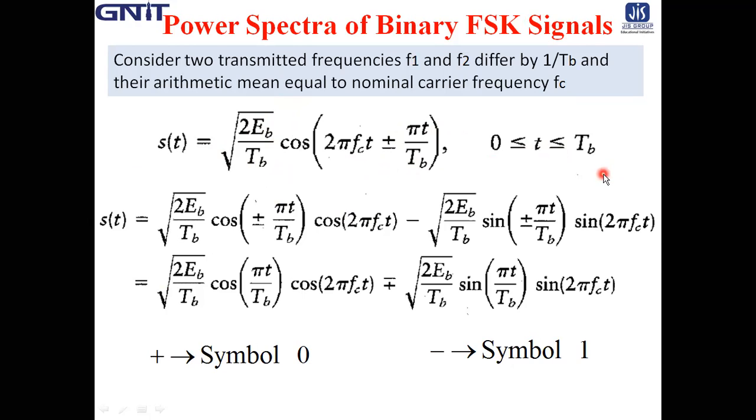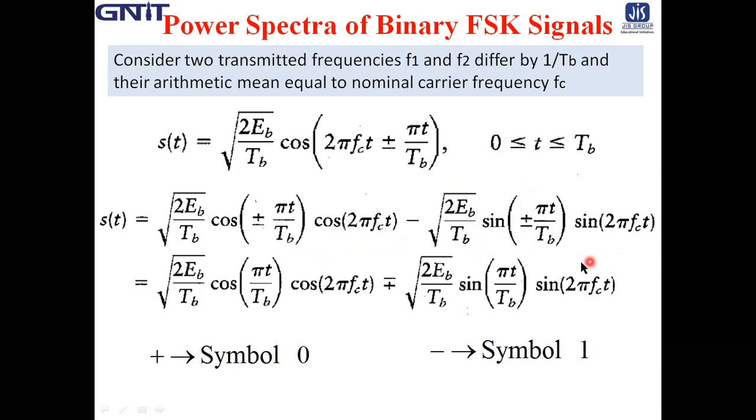And using a well-known trigonometric identity, we get s(t) equal to square root of 2EB by TB cos(plus minus pi t by TB) into cos 2 pi FC t minus square root of 2EB by TB sin(plus minus pi t by TB) into sin 2 pi FC t.